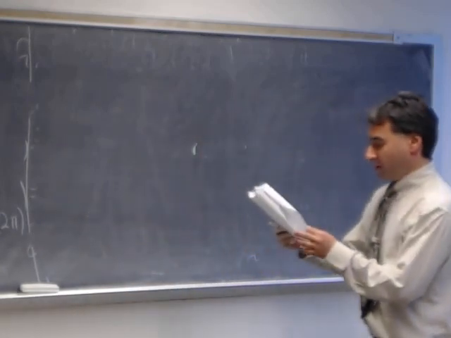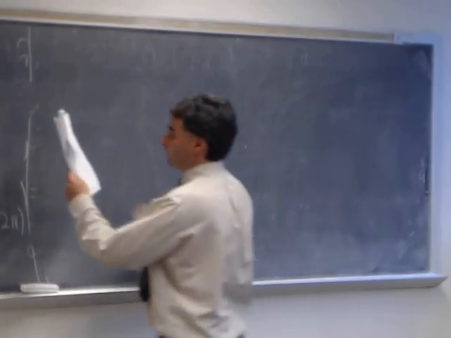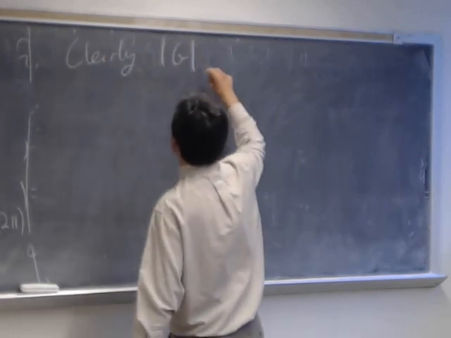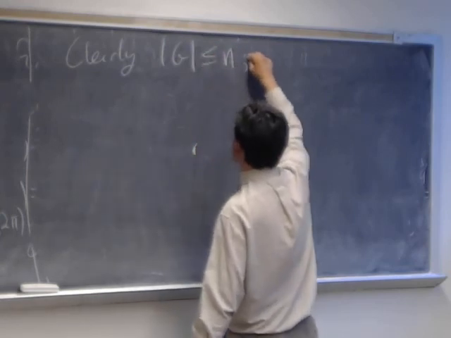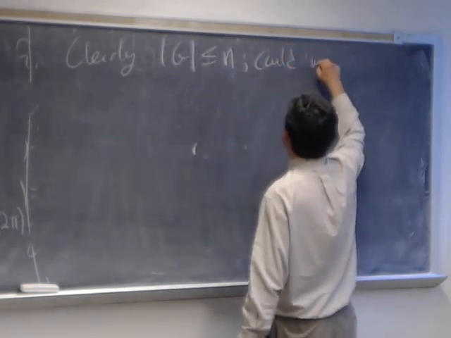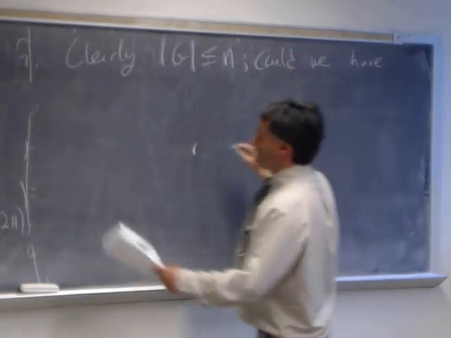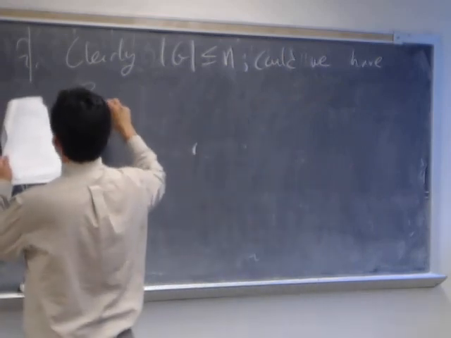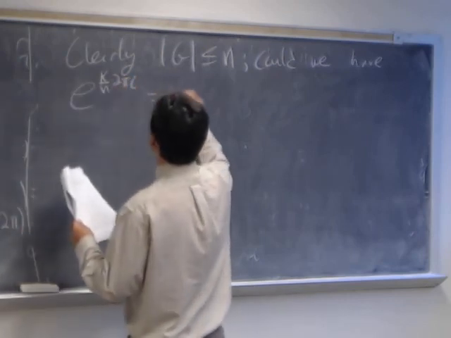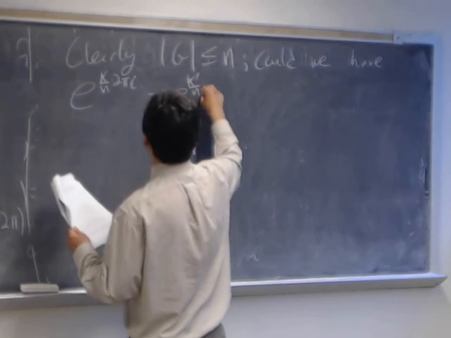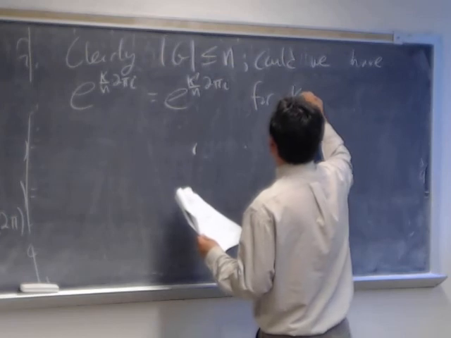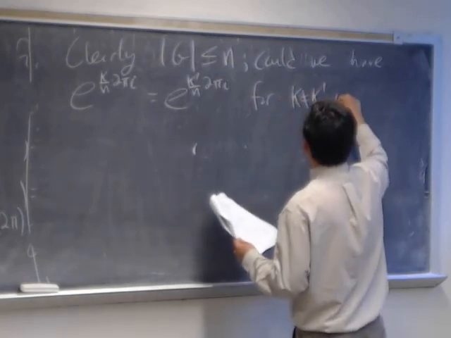So could there be equal? So clearly, the order of G is at most n. Could we have e to the k n times 2 pi i equal e to the k prime n over n, times 2 pi i for k not equal to k prime?